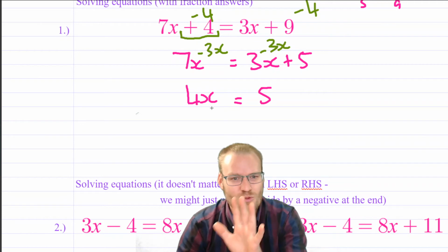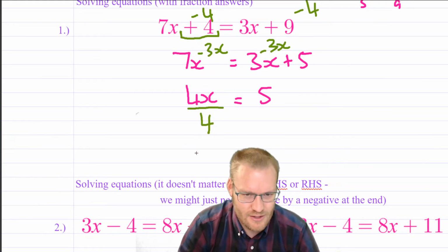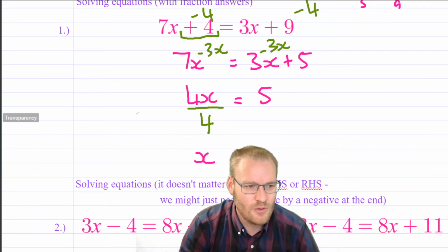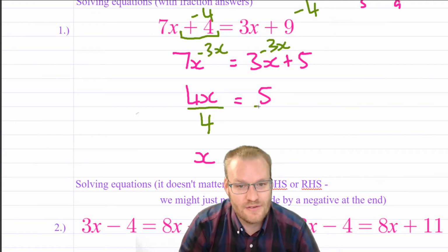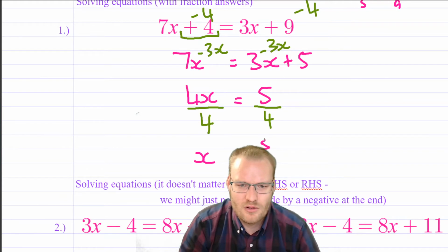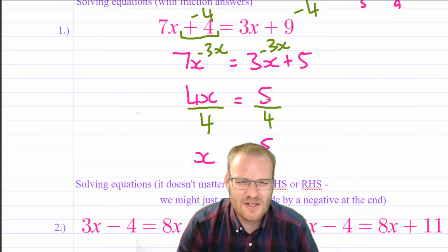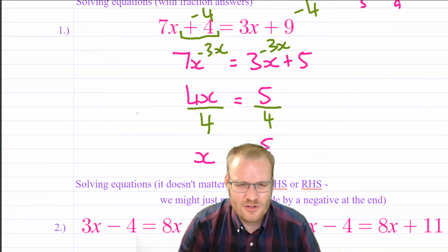And here's why I said instead of using the divide sign, we're going to divide by 4, because on the left-hand side, we're just going to be left with x. Whatever we do on one side, we do on the other, so we divide by 4. What's 5 divided by 4? Well, it's 5 over 4. It's just a fraction, but we don't have to get scared away by the fraction because 5 over 4 is 5 over 4.